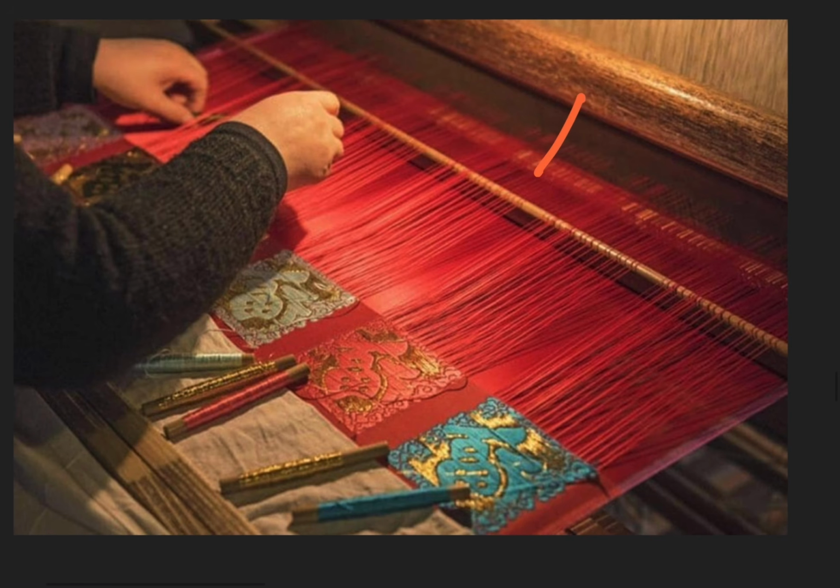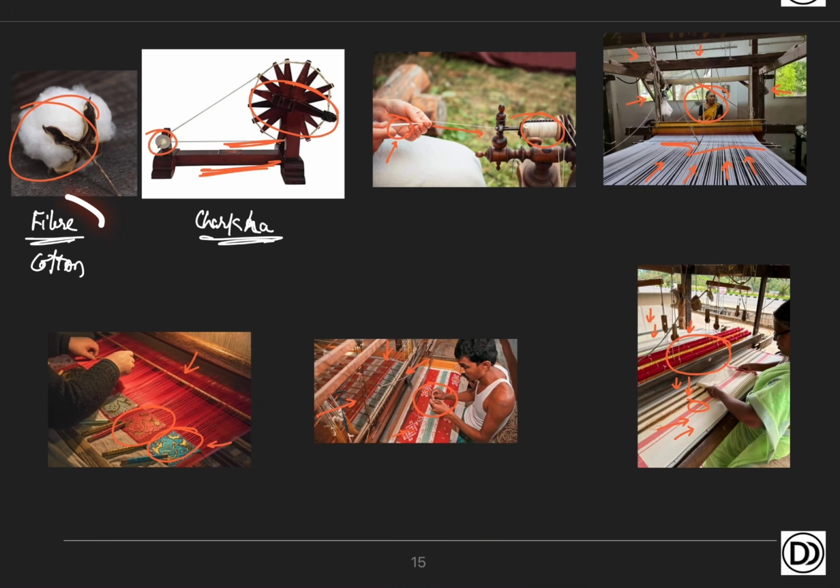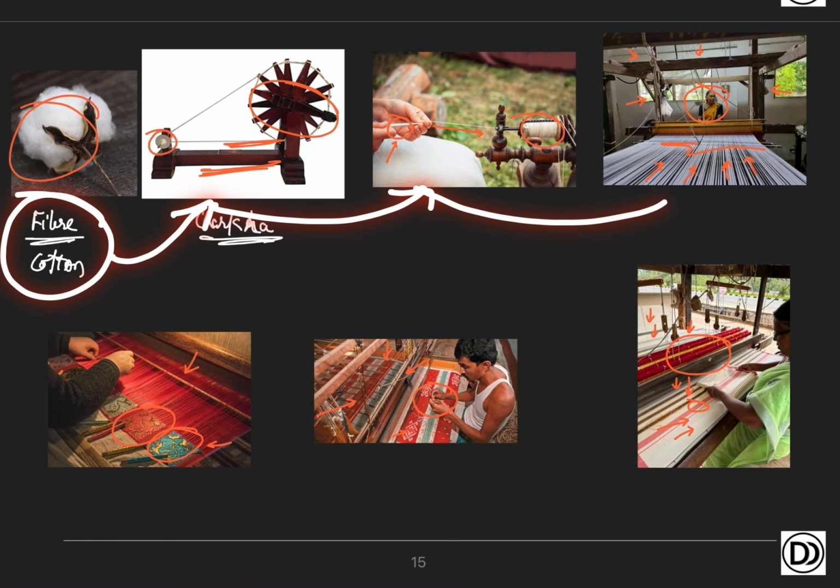Here you can see one more example, the same thing. You can see the intricate patterns that can emerge out of it. It depends upon the skill of the person, so it also comes under handicraft because a particular skill is required. You can see how the weaving is done. So here we have seen how the fiber is turned into threads, and that the thread is used to make textile.